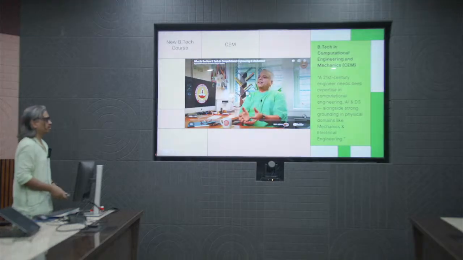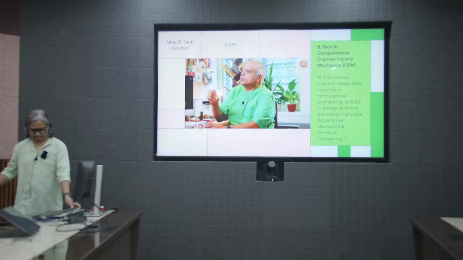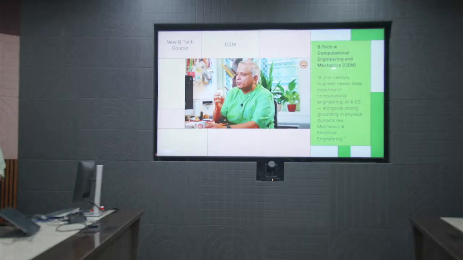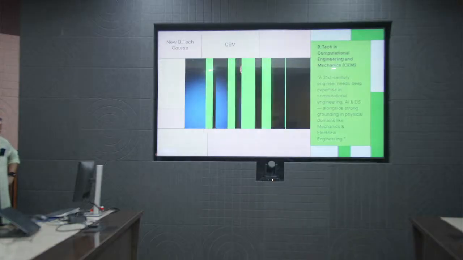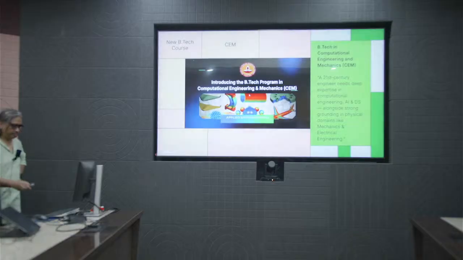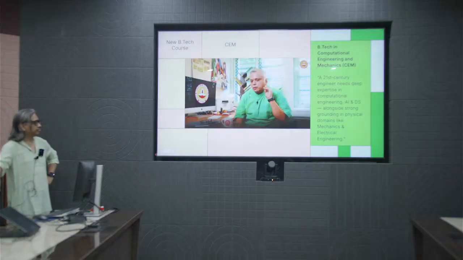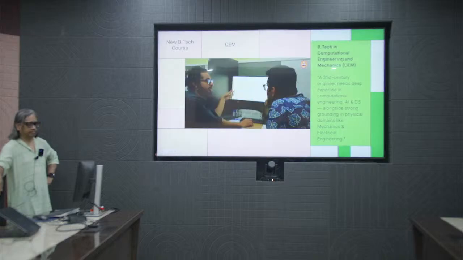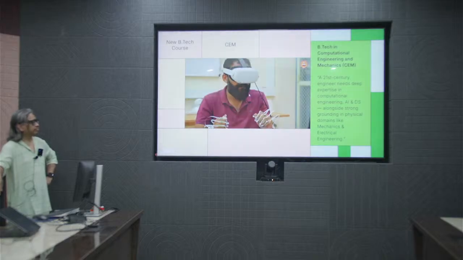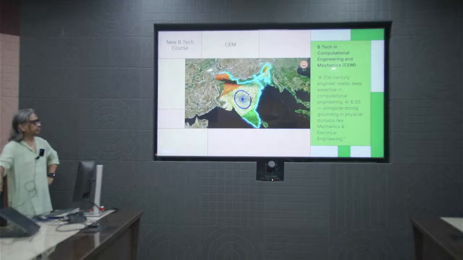Somebody who is a relevant engineer trying to build a 30-40 year career cannot do that without a deep expertise in computational engineering and artificial intelligence and data science. This program is a result of a sufficiently long and deliberative process where we studied the evolving landscape of engineering globally and in India particularly.